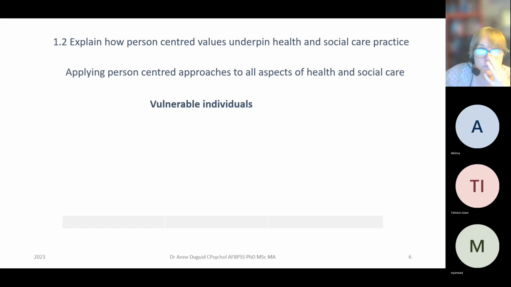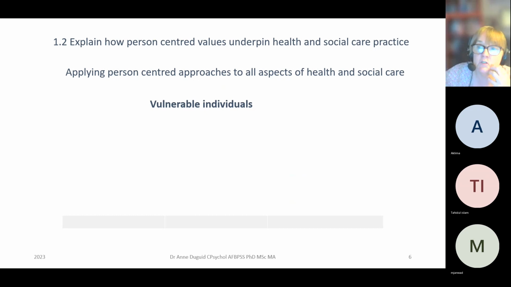Well, vulnerable individuals, we have to make sure that vulnerable individuals are treated not just as somebody that we do things to, but that they are still active participants.